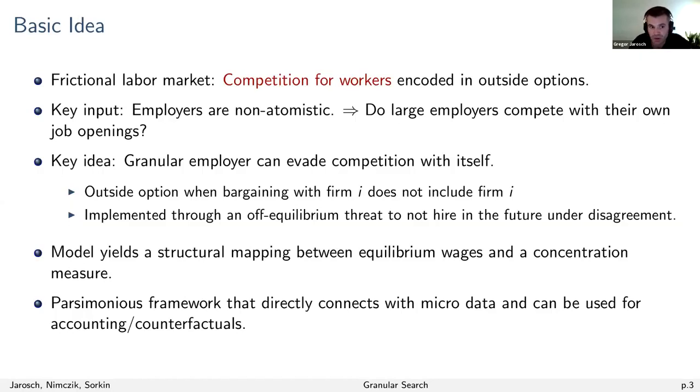How are we going to get this off the ground? Through a particular micro foundation, which I mention in the second bullet, which is going to be an off-equilibrium threat of that large employer to effectively close its door to a worker under a trade breakdown. That's how it's going to be modeled.